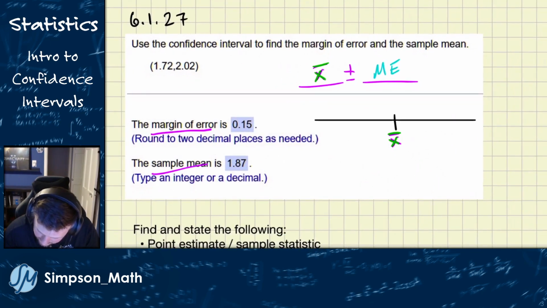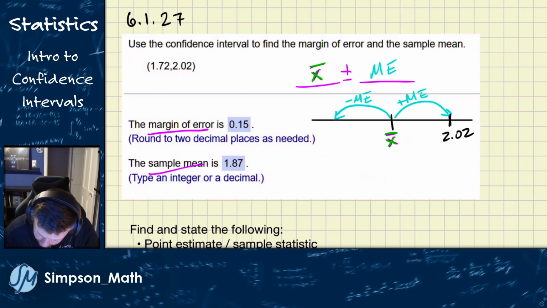If I have an X bar, and then I plus or minus the same amount, those little jumps should be the same, plus a margin of error, minus a margin of error. That's going to land me at the numbers that they provided, 2.02 and 1.72.